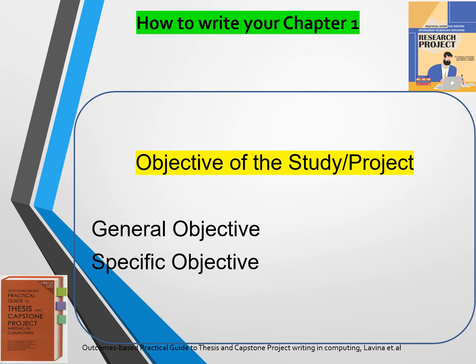The sample objectives for our computer science thesis involving artificial intelligence and genetic algorithms are as follows. For the general objective, this study aims to develop a game application that uses a genetic algorithm for the game's artificial intelligence that can compete with the abilities of a human.